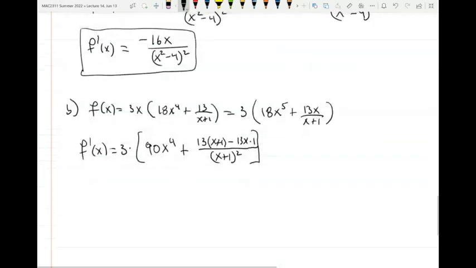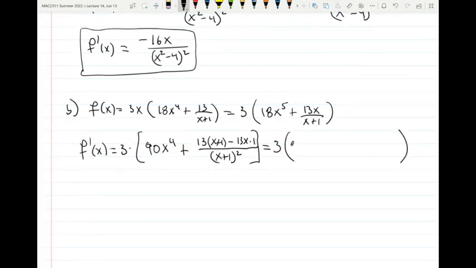Okay, so now let's clean this up as much as we can. So let's see, this is 3 times 90x to the 4. And then, okay, so here I'm going to have 13x plus 13. Yes? But the 13x is going to cancel with this negative 13x. Does anybody see that? So we're only going to have in the top 13 left over.